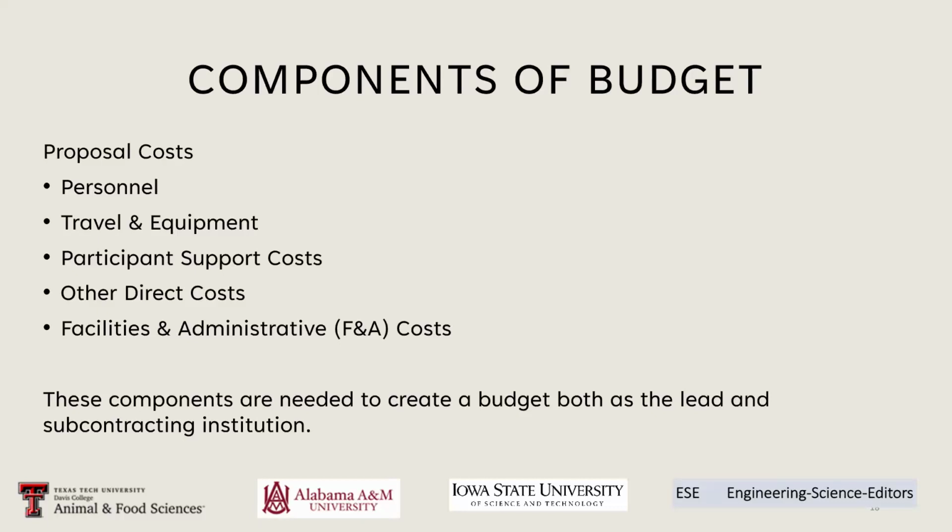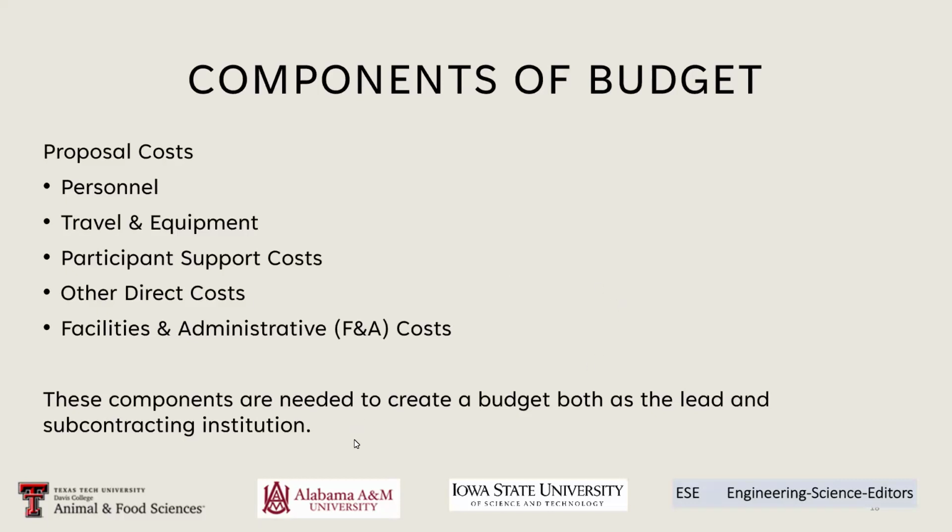When you talk about the components of a budget, I'm going to go through what the definitions are, but I'm going to lean on Naomi to talk us through some of the things she's seen over her many years of doing budgets from PIs.